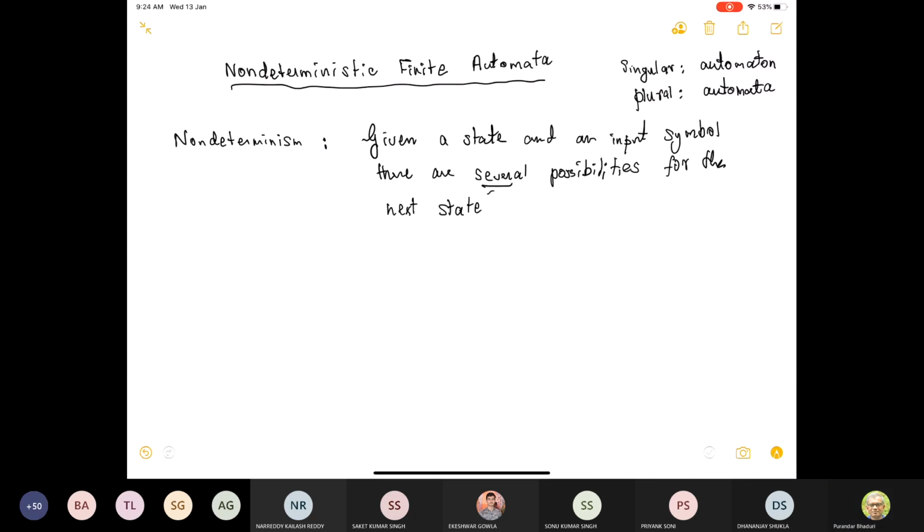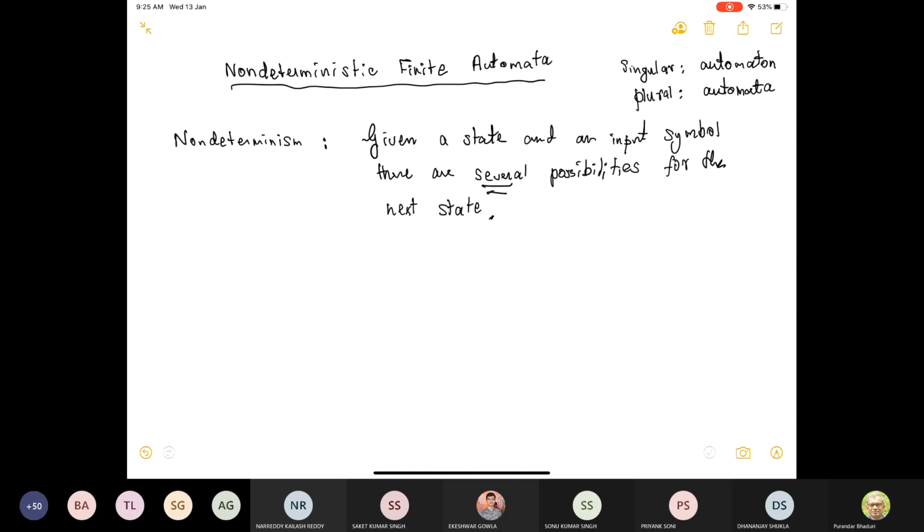And several actually includes none. For some cases, there may not be any next state at all. For some cases, there may be just a single next state. And for other cases, there may be multiple choices of the next state.